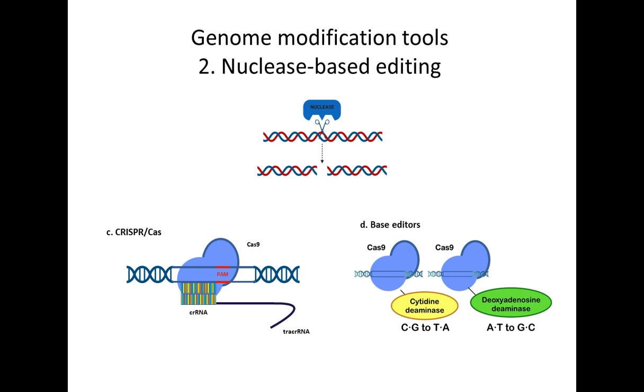An additional platform are the RNA-guided nucleases, which are derived from the CRISPR-Cas system. For research and therapeutic purposes, what we use is an engineered version of the system that has two main components: a guide RNA, sometimes abbreviated as sgRNA or gRNA, and a CRISPR-associated endonuclease, which is a Cas protein.